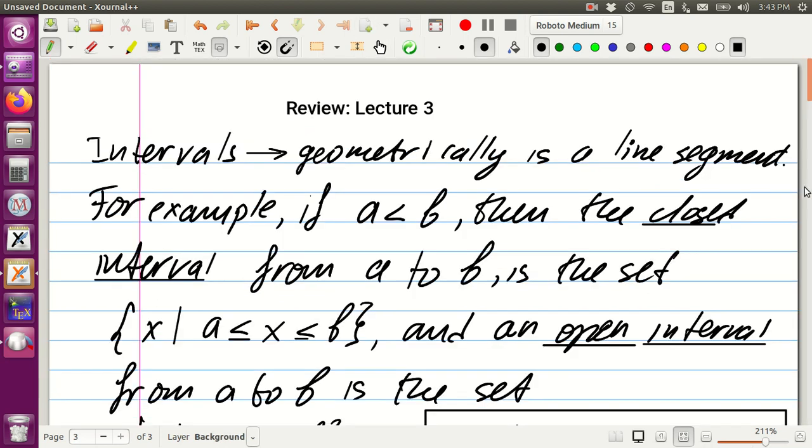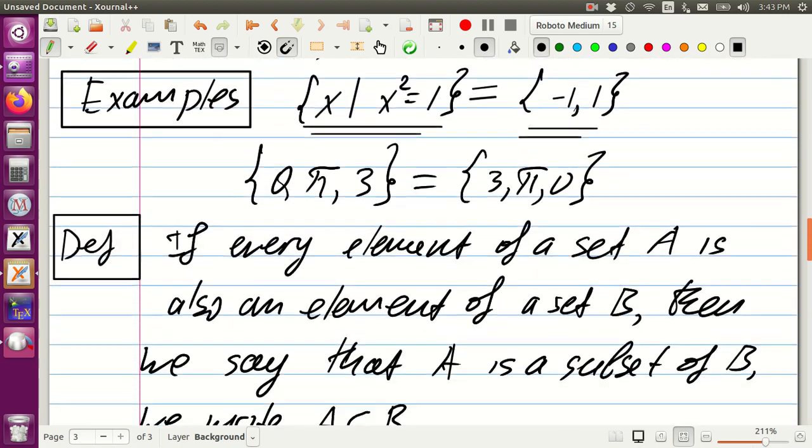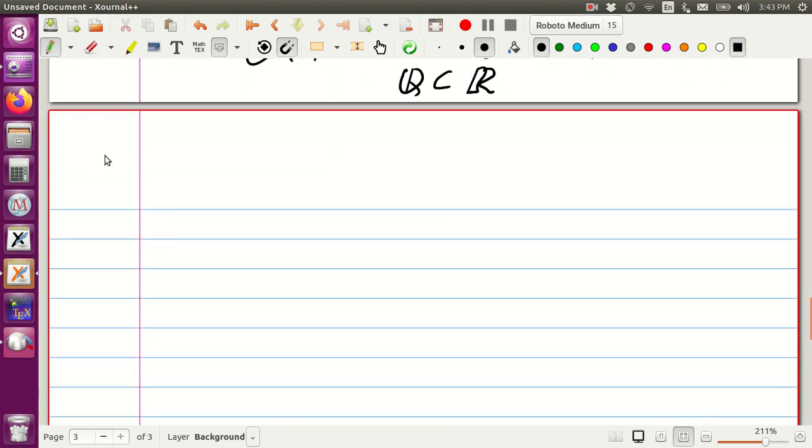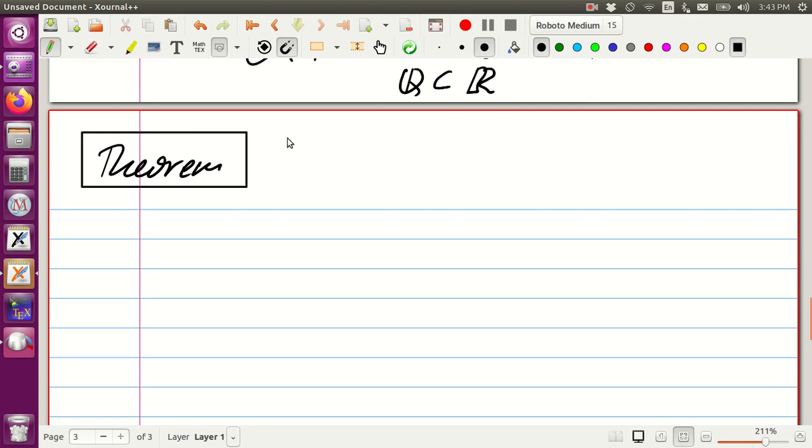Another idea that we can discuss in this lecture is this theorem. We're not going to prove it, but again, it's a really interesting one.